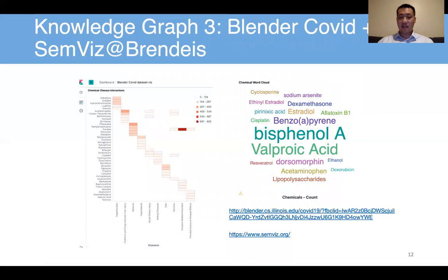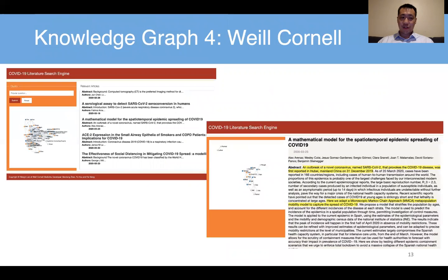So basically, you also have to first do named entity recognition to identify the chemical names and disease names from literature, and then predict the relations between them from the literature. This is a search engine developed by Cornell Medical School, using the knowledge graph to find the most relevant paper with a user query.